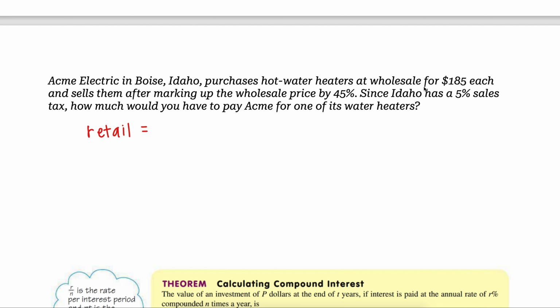So it says Acme is going to mark up the wholesale price by 45%. So the wholesale price is $185. Then Acme is going to raise that amount by another 45%. So 45% of 185. That's 0.45 times 185.